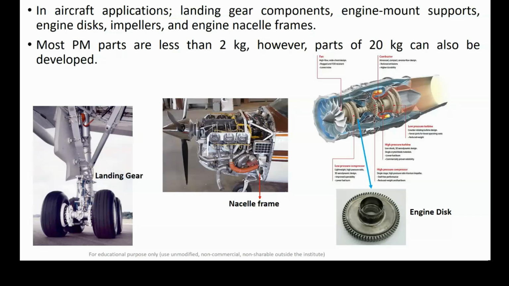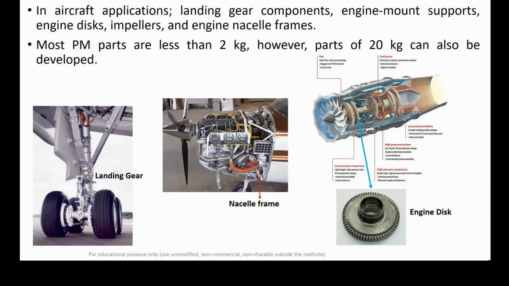Also, there is a picture of a gas turbine, where these engine discs are fitted, and on these engine discs different blades or fan blades are mounted, which are used to transform the combustion energy into mechanical energy.